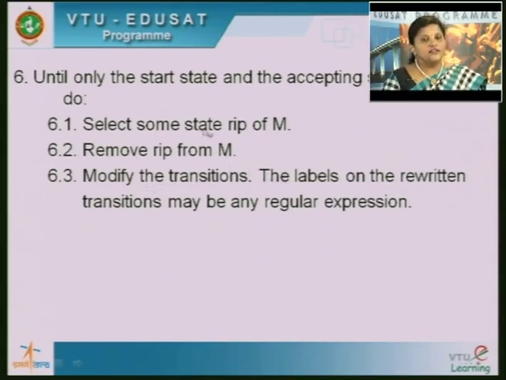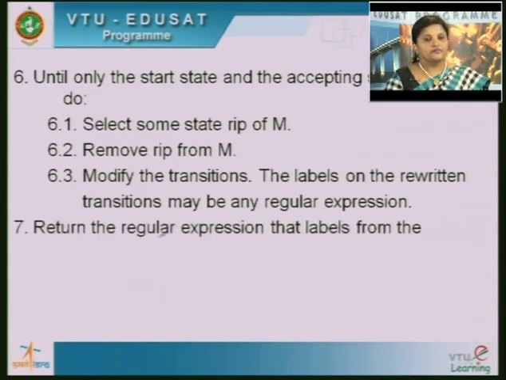When you select some state as rip and remove it, you should modify the transitions. Okay. So instead of the state, we will replace the equivalent transition, whatever you do, but the language accepted by the finite state machine should not be modified.